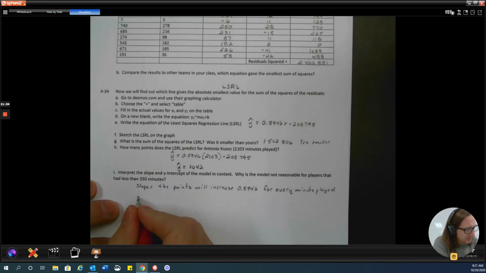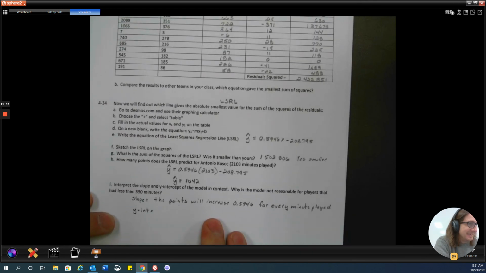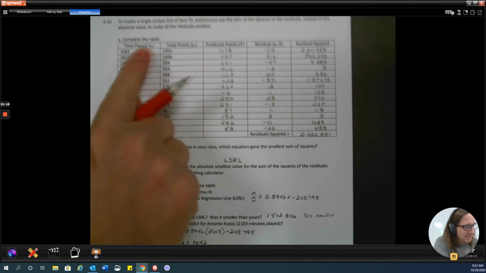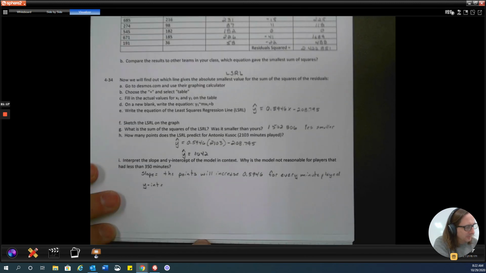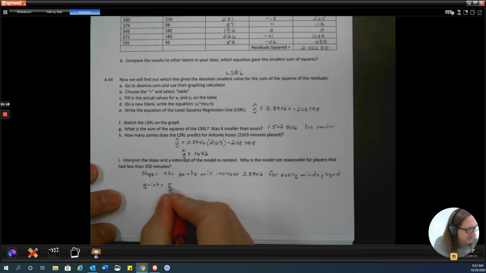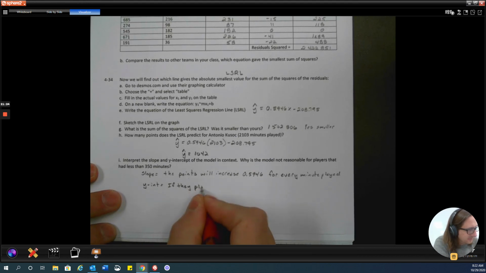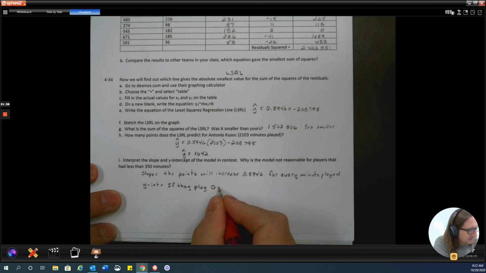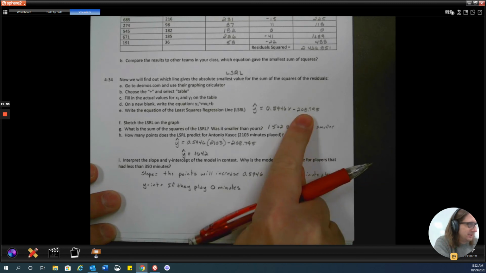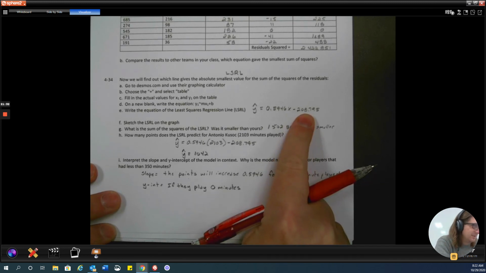Our y-intercept, though, doesn't make a lot of sense. According to our y-intercept, remember the y-intercept is when x is 0, so if they play 0 minutes, the y-intercept says that they'll have negative 208 points, which is just crazy talk.